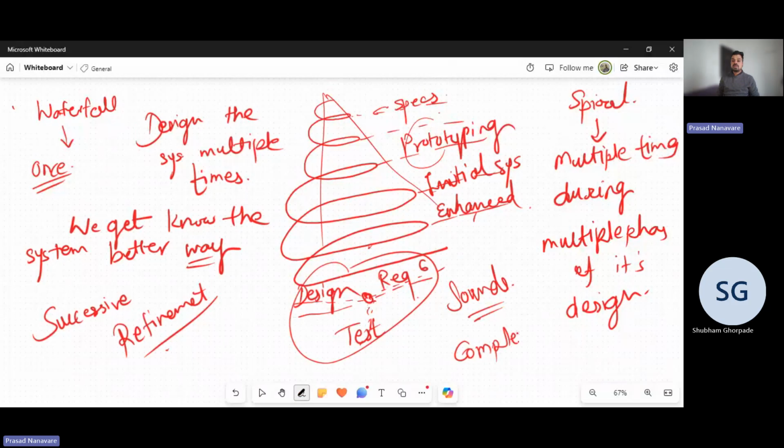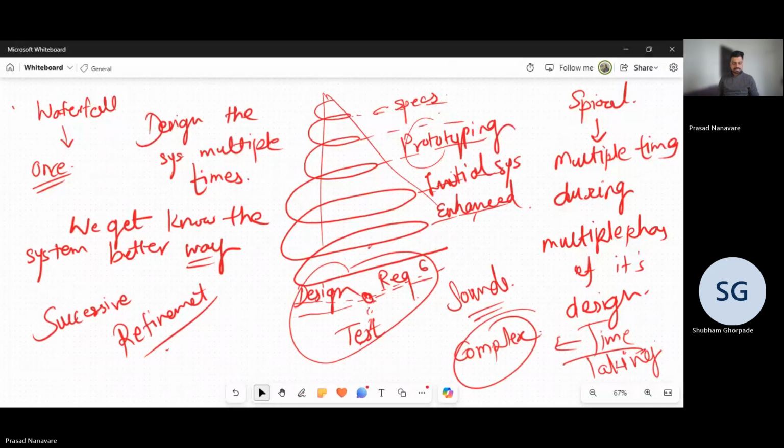It is very complex and time-taking. Even though better support is possible here, it is still time-taking. So this is the spiral model.